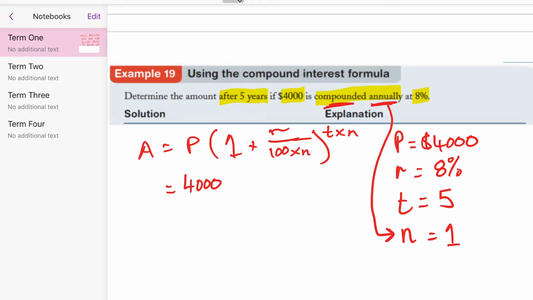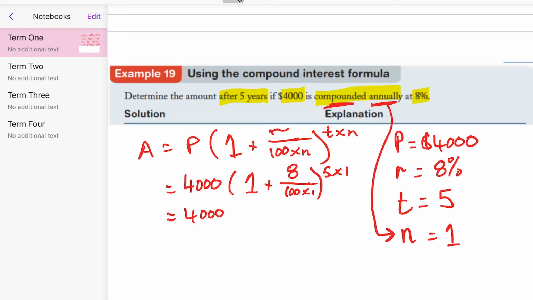So my principal is 4,000. 1 plus my rate, which is 8%, divided by 100 times 1. You don't need to really write the times 1 because you know what 100 times 1 is. And same goes for 5 times 1. But I'm just writing that in there so that you know where I'm replacing the n.